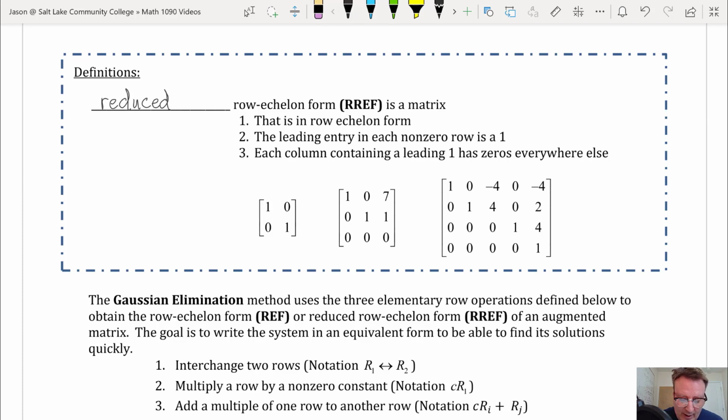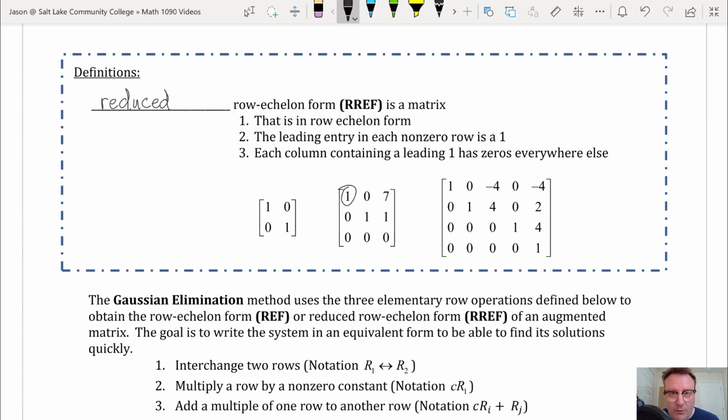Similarly, this one right here is the leading entry for the second row, and notice it is the only non-zero entry in that column. So this matrix is in reduced row echelon form. Okay, what about this one?